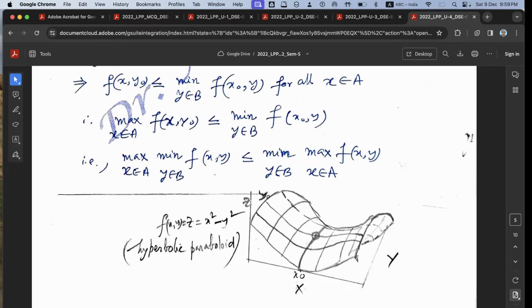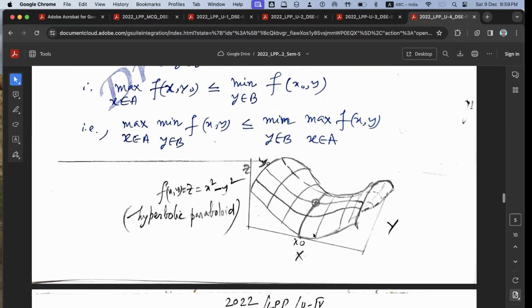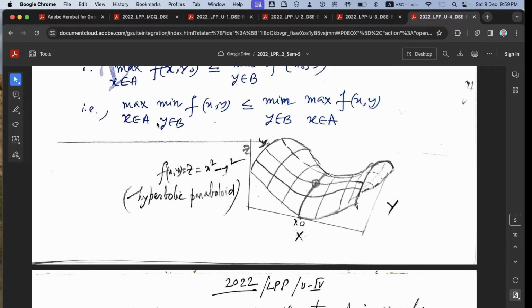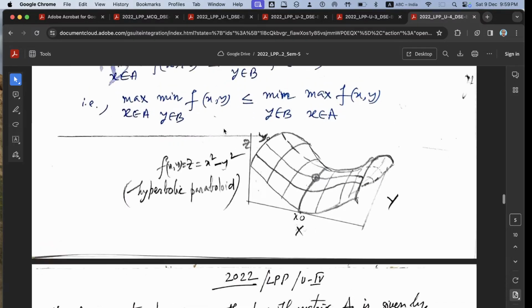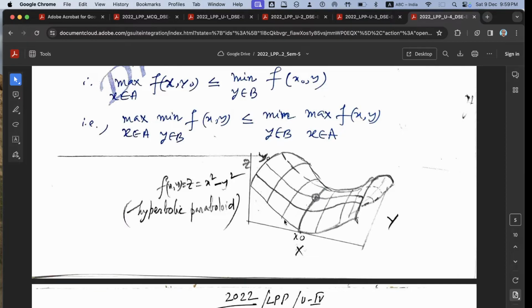This is the curved surface, z equal to x squared minus y squared, a hyperbolic paraboloid, and this is the saddle point of it. This is the maximin, the minimum value.